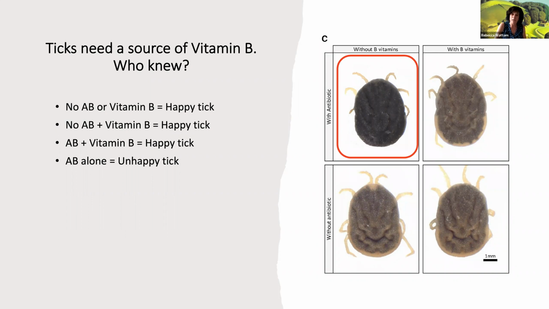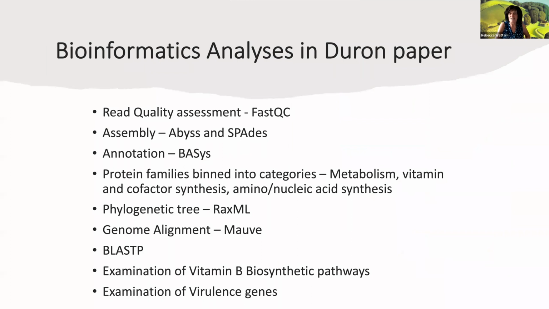So they were able to make the association that the bacteria present in the tick are providing it with B vitamins. So not only did they do this great observational paper, but they did a deep bioinformatic analysis of the genomes of these bacteria.